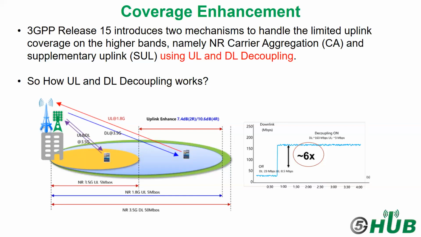This will improve the uplink coverage, and field tests show that combining downlink on C-band with uplink on sub 3 gigahertz can improve uplink and downlink experience by 6 times.